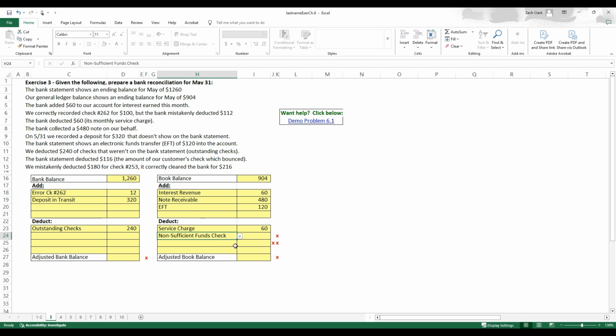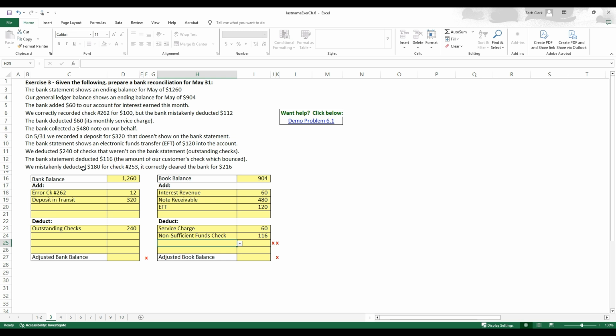It was a non-sufficient funds check, so they correctly do not have that amount in the bank balance, and we need to reduce that out of our cash balance because it's not really cash. The customer gave us a check, but that check was worthless, and so we need to record a receivable to continue to try and collect those funds. We'll look at that in a bit here when we do journal entries.